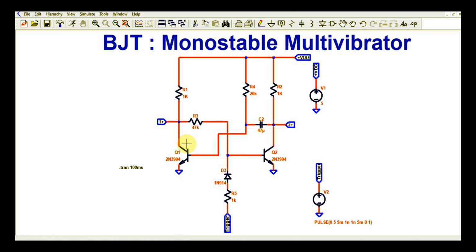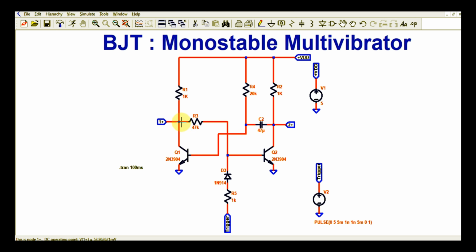You can see here, this is VDD, the supply voltage for this monostable multivibrator, and here you can see two transistors Q1 and Q2 are connected. Resistor R1 is connected with Q1, and here you can see R2 and R4 via C2 are connected with Q2, and this junction goes to the base of Q1.